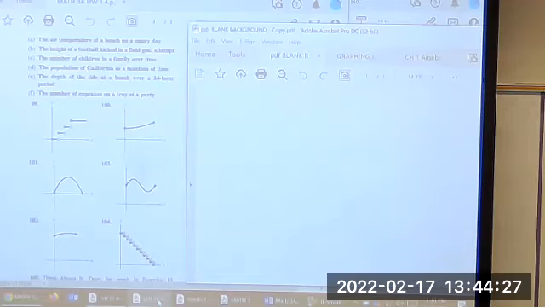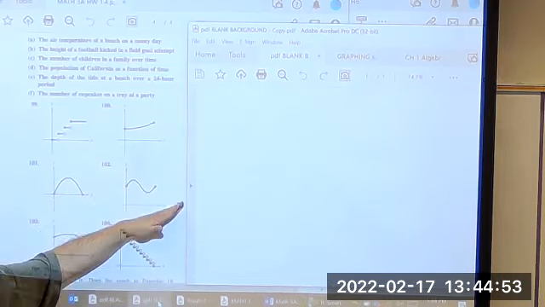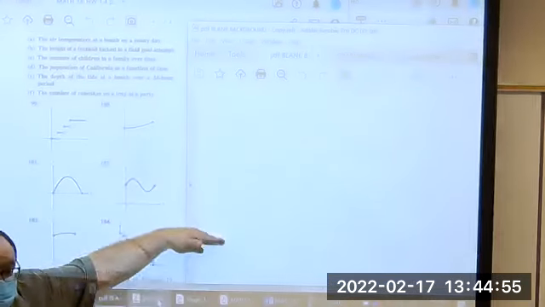The depth of tide at a beach over 24 hours. That was very specific. Tide rises, tide falls. I'll give you a hint. Tide means waves. 102, because you have high tide, then you have low tide, and then it repeats, high tide, low tide, high tide, low tide.